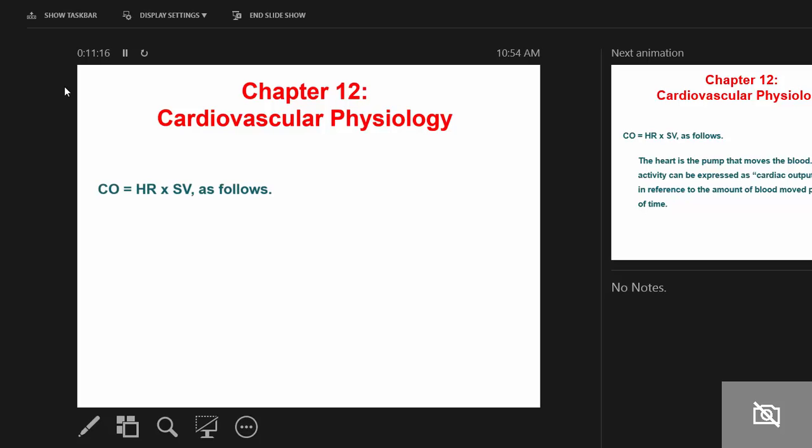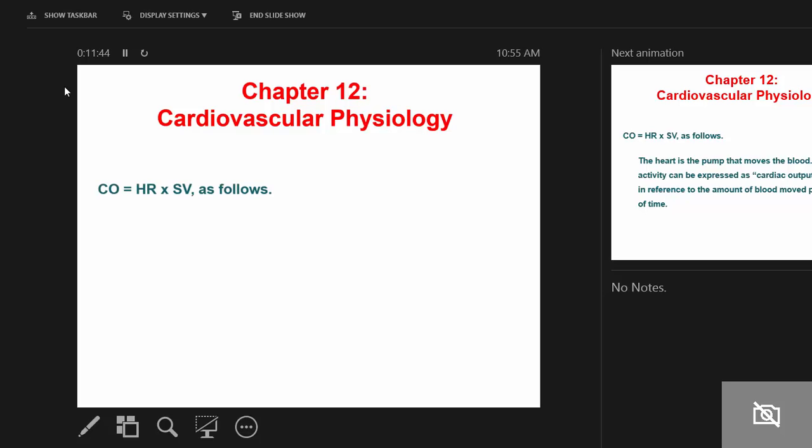Cardiac output: you take your heart rate, and if you know what your stroke volume is, and there are ways to figure this out, you then know what your cardiac output is. In addition to being able to calculate this, this is also theoretical. In other words, knowing this equation and how the three of these relate to one another helps you answer other types of questions about the system.